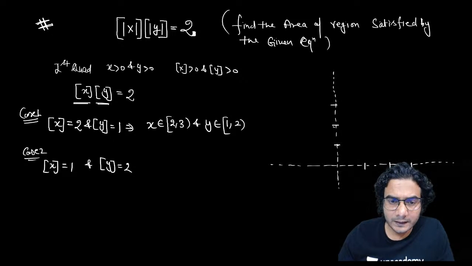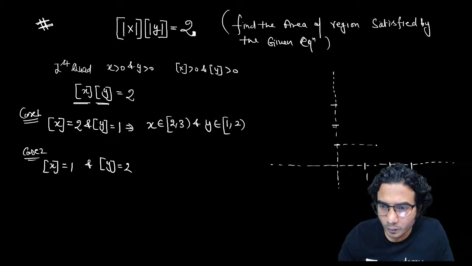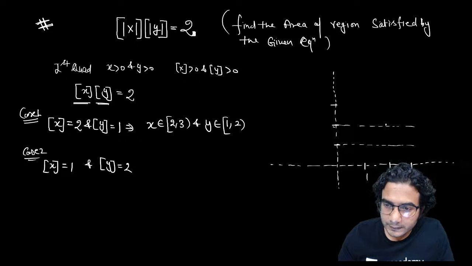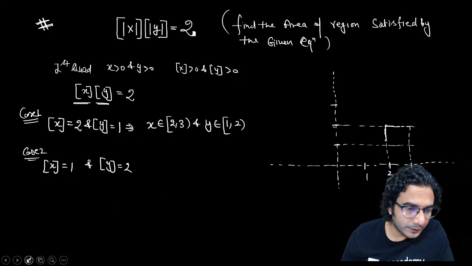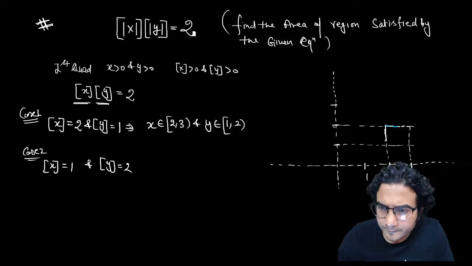So that is the case when x belongs to 2 to 3 and y belongs to 1 to 2. Any point inside this box, can you see this? But these points are open. This is closed. Let me take some other color. These points are open.